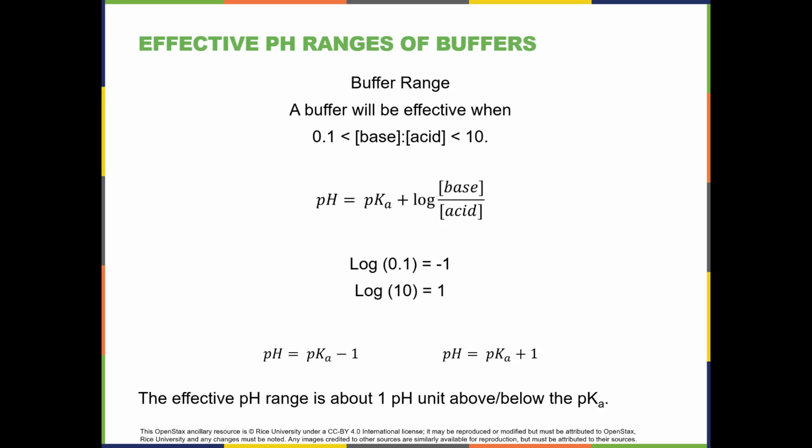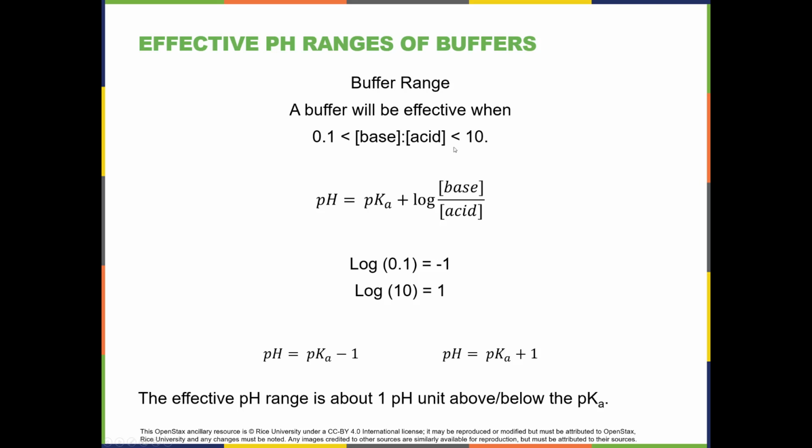The first is the buffer range. What pHs can you make with a specific weak acid and conjugate base combination, or weak base and conjugate acid combination? The other thing we want to look at is the buffering capacity. So generally speaking, the buffer will be effective when the concentration of base to concentration of acid, this ratio, is between 0.1 and 10.